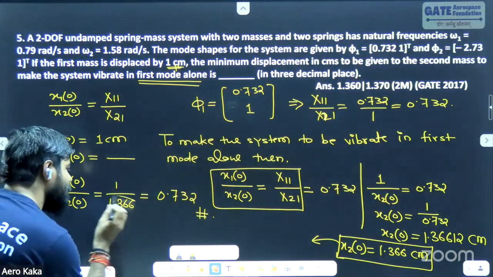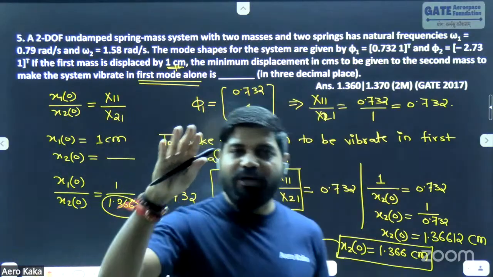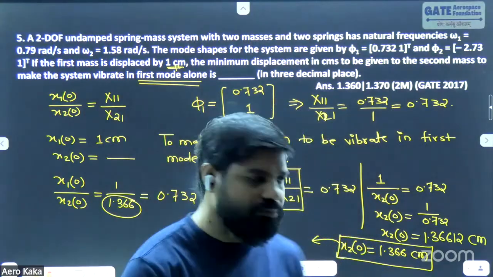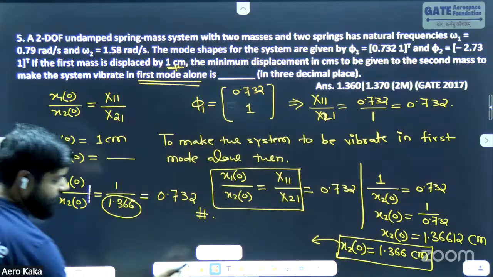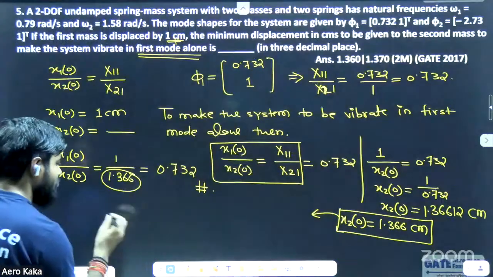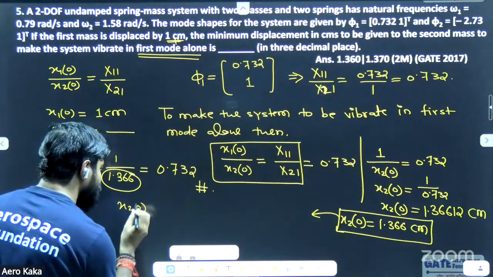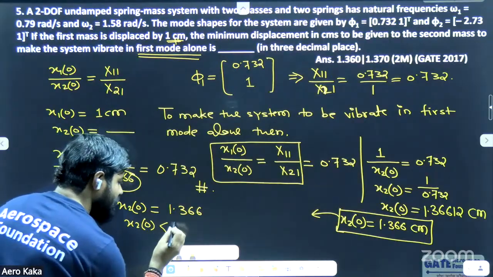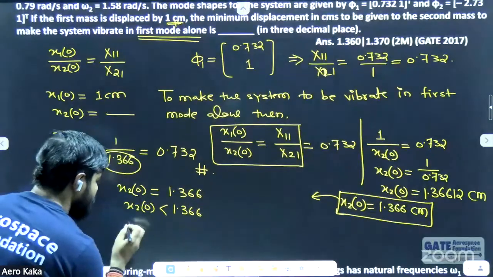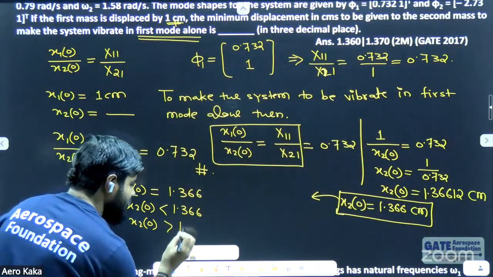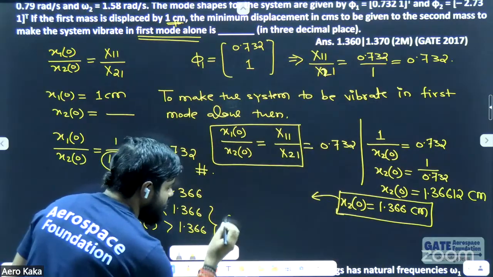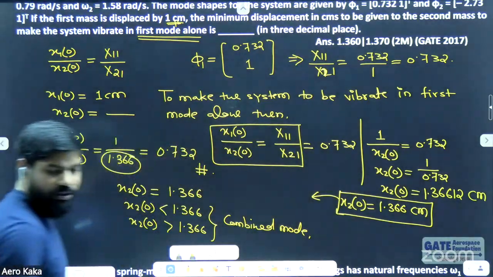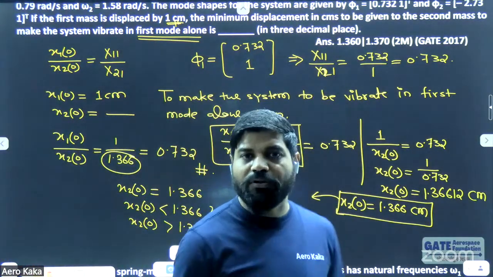If this value deviates a little bit, going down or up, say 1.5, 1.4 or 1.2, pure mode is possible if and only if x20 is equal to 1.366. If x20 is lower or higher than 1.366, it leads to a combined mode, or linear combination mode, of the system.